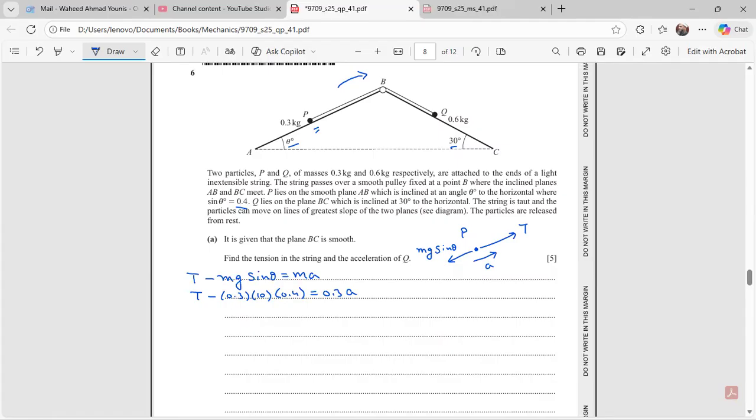It all simplifies to T minus 1.2 equals 0.3a, right?